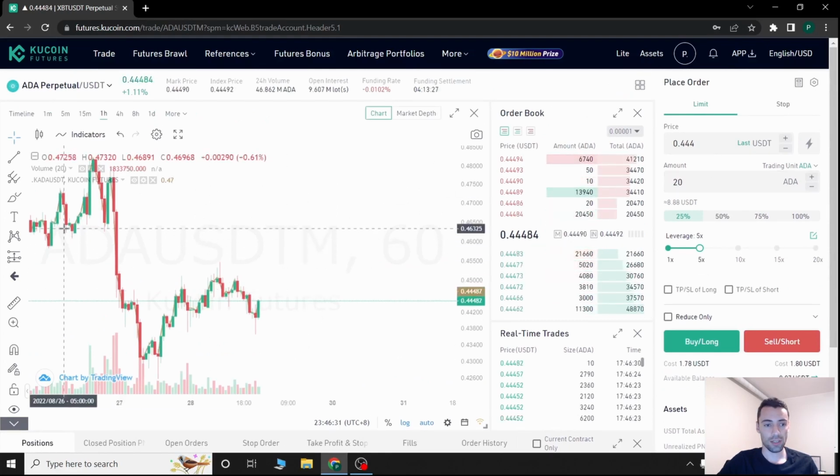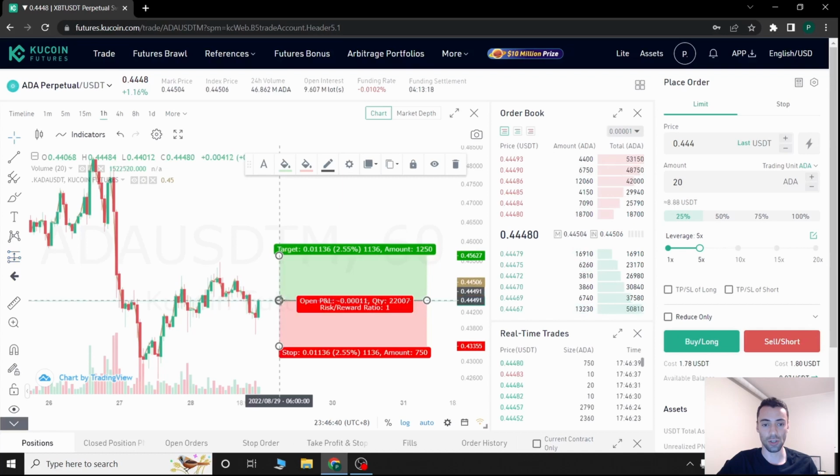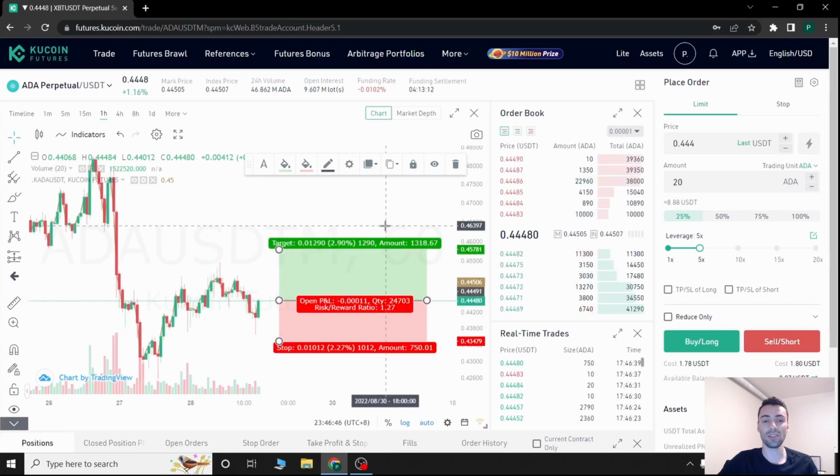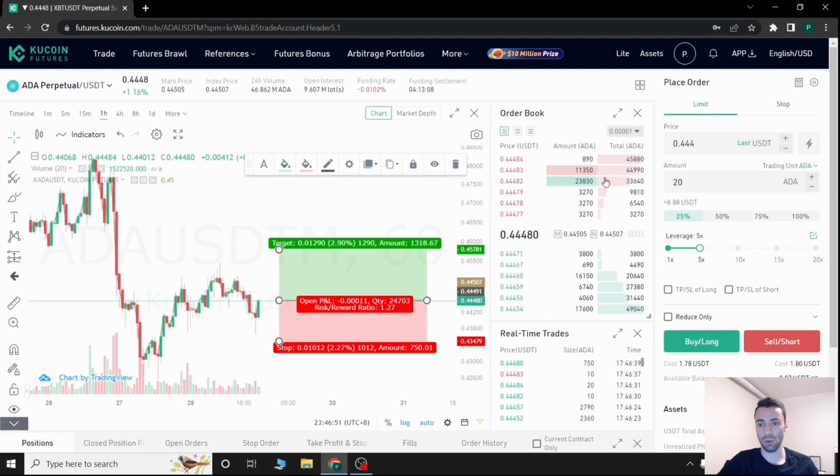Let's say we want to enter at the last price. So we enter here, we put our stop loss here and a target. This is not a signal, this is just to show how it works.